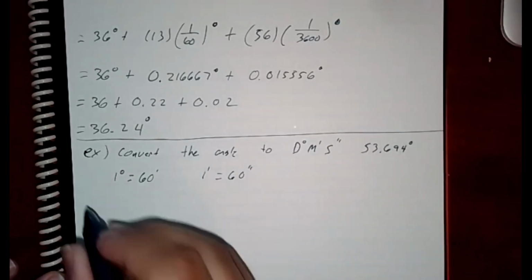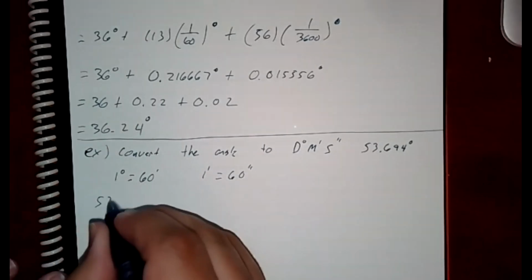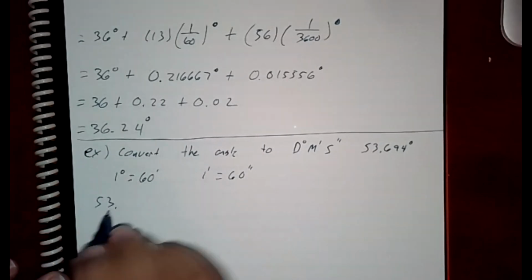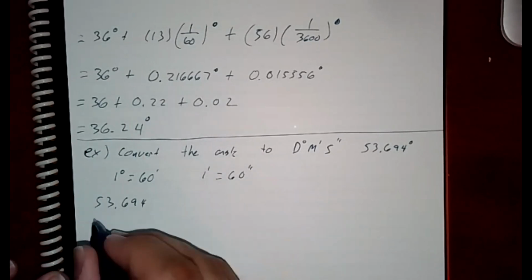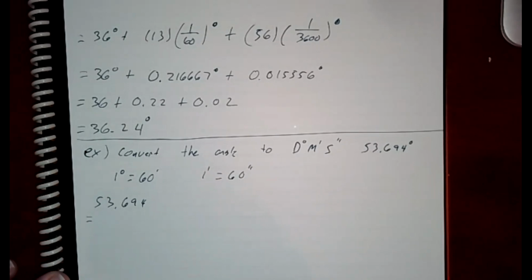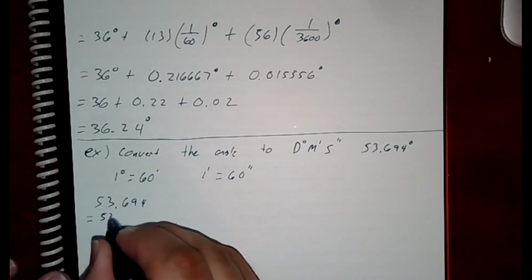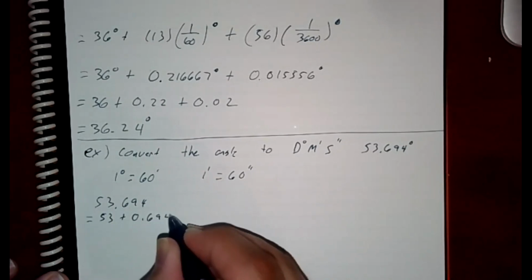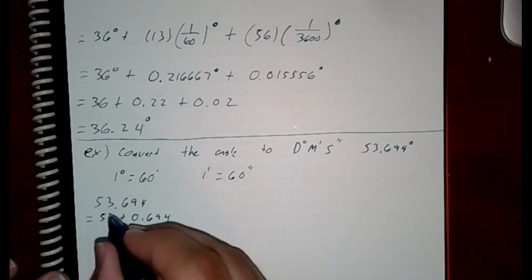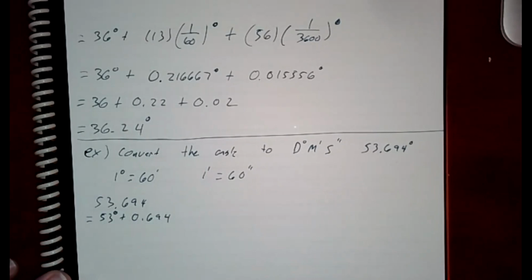Okay. So 53.694 needs to be changed into 53 plus 0.694. So you separate the decimal. Okay.